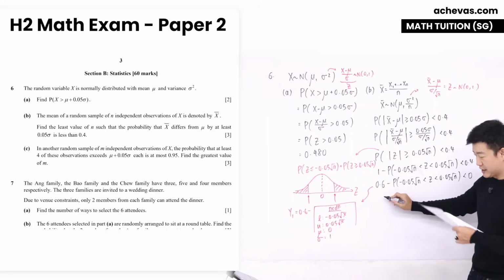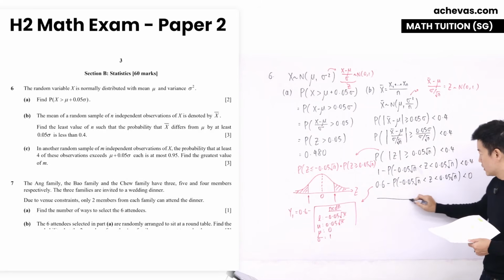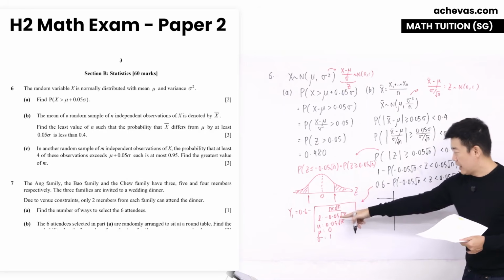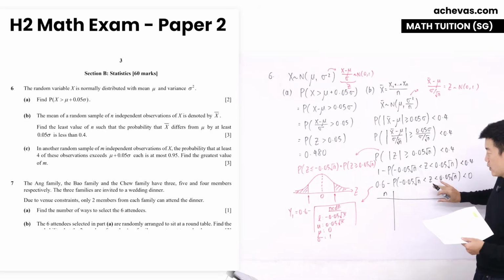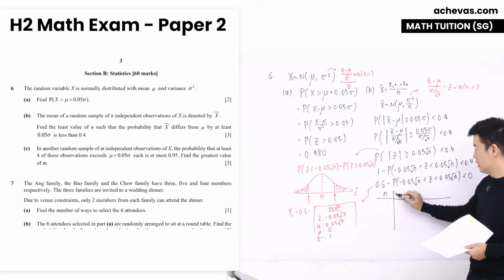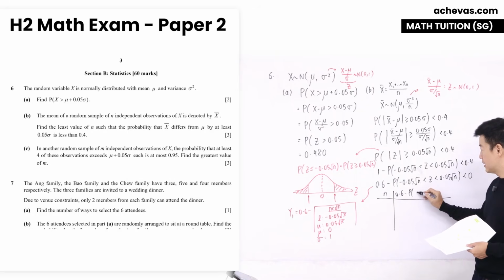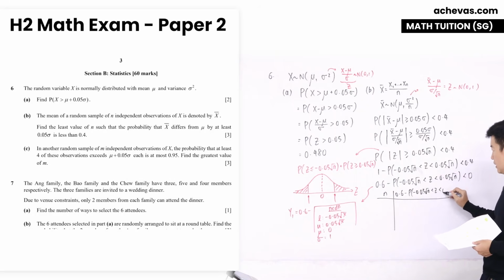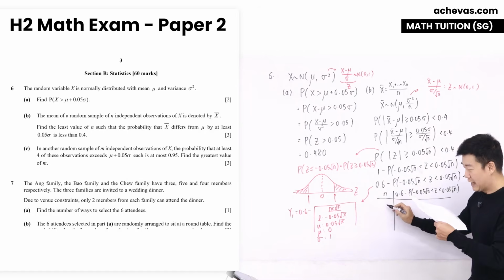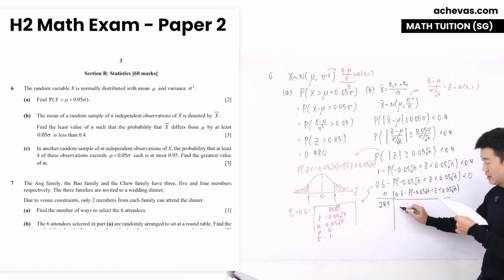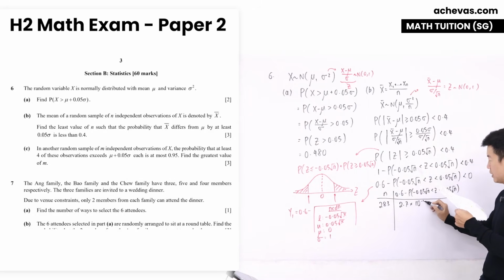Let me reproduce the table here in my solution. So in my table, we will have x, which is going to be representing n, and y1 will be this entire string over here. So it's going to be 0.6 minus the probability when z is between negative 0.05 square root of n and 0.05 square root of n. Scrolling down the table for quite a while, when n is 283, we will see this to be 2.7 times 10 to the power of minus 4.